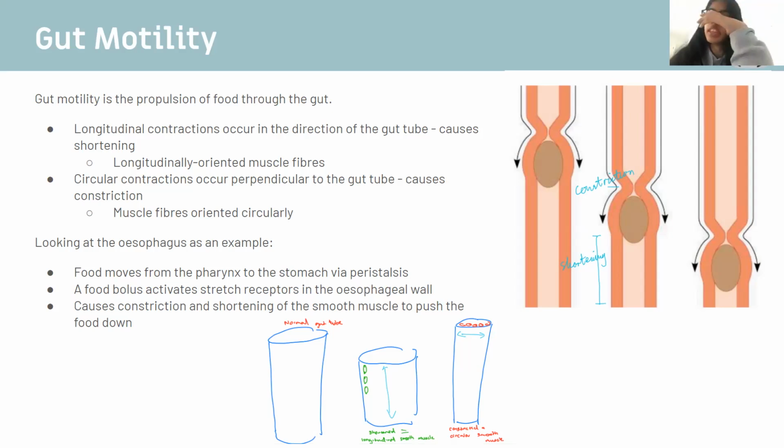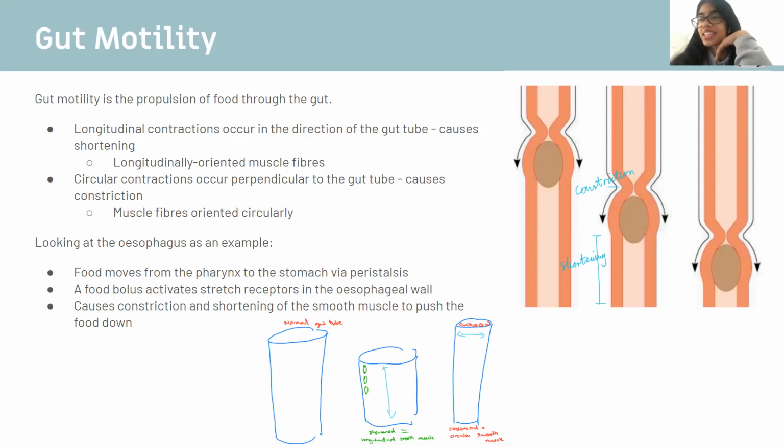When these cells contract, because they follow the direction of the gut, it actually causes your gut to become shortened. Conversely, you've also got circular smooth muscle, which is perpendicular to the gut tube. When they contract, you get constriction of the gut tube. And it's this combination of shortening and constriction that forces food along the gut tube.